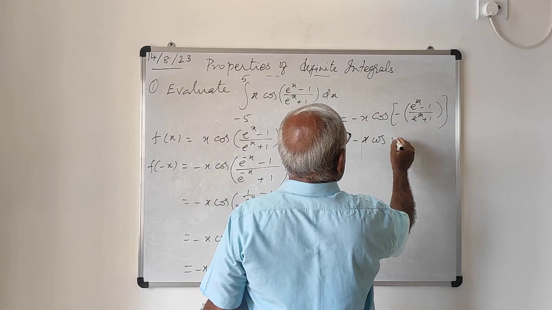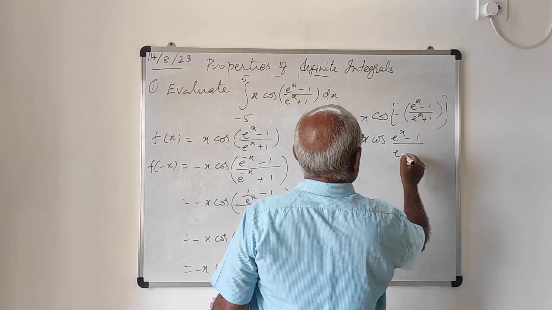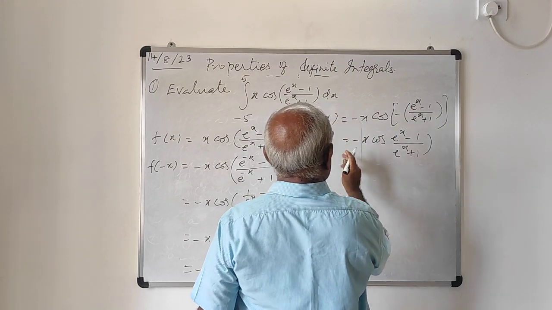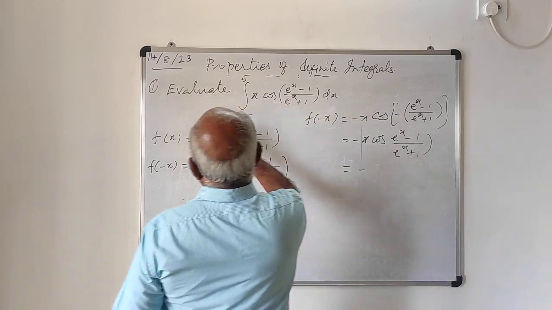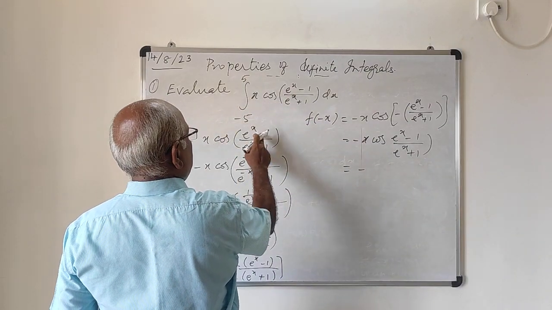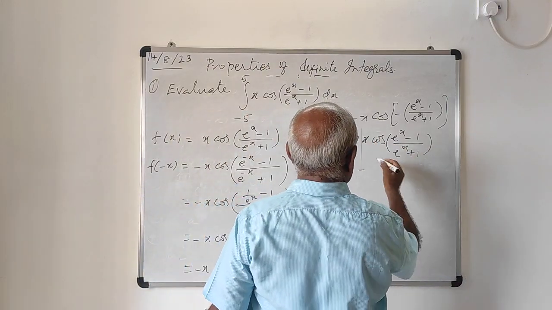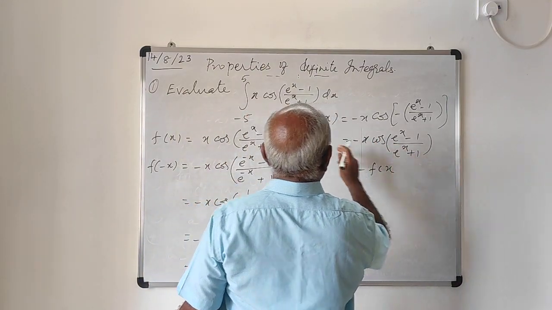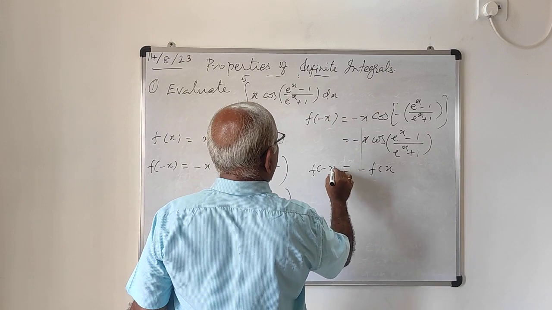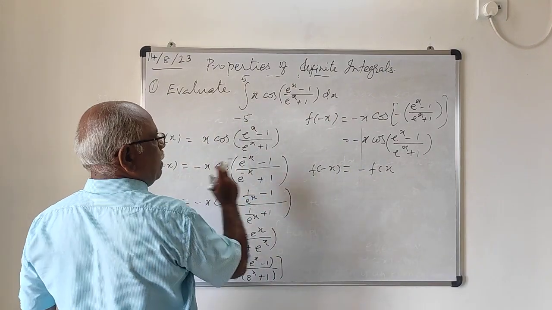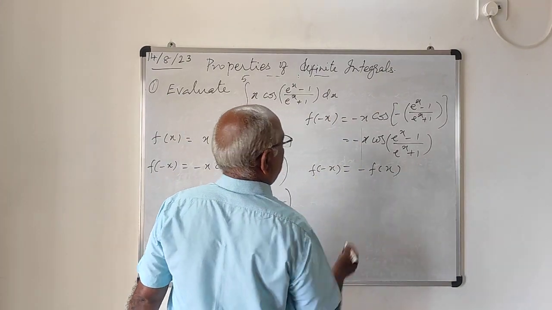Cos of minus theta is cos theta, therefore this is minus x into cos of (e power x minus 1)/(e power x plus 1), which is minus f of x. So f of minus x is minus f of x, we derived.